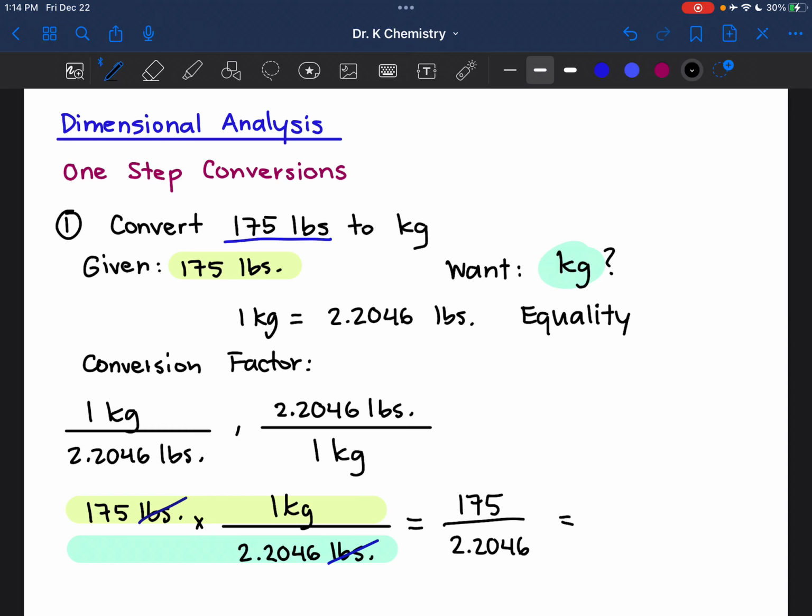Now in this kind of problem, that's very simple, and it seems a little bit redundant why we are doing this whole process. But as the problems get longer and more complex, it will become very helpful to do the calculations in this type of format. If I plug that in, I'm getting 79.4 kilograms. Make sure that you are always leaving units in all of your calculations and all of the answers. So every number should have a unit attached to it.